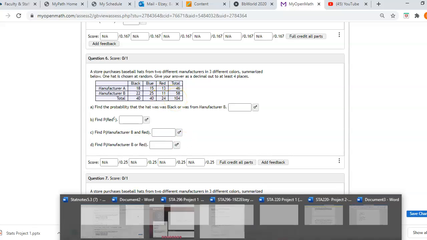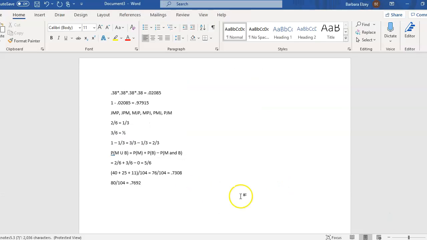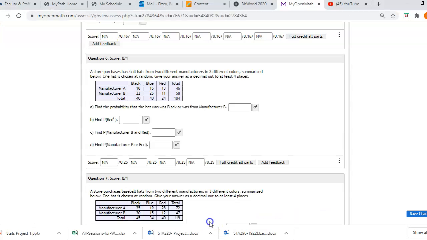So let's do that calculation. 11 out of 104 ends up being 0.1058.